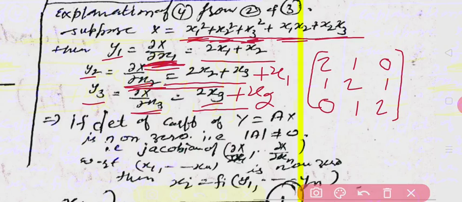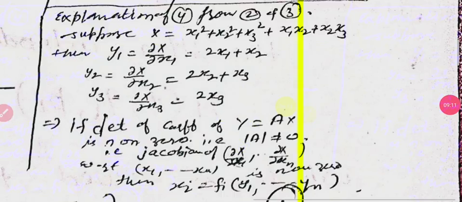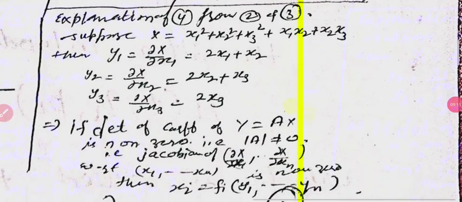So when you find its determinant, what will it be? You find out and calculate. So if you find out the determinant, what was the determinant?